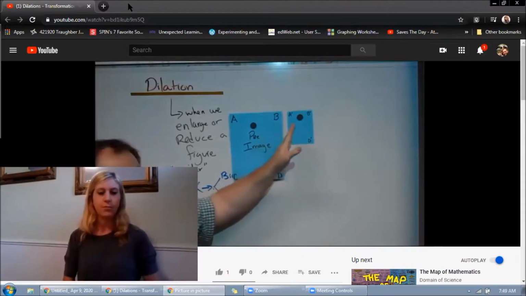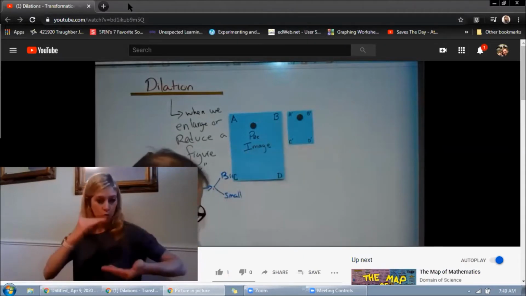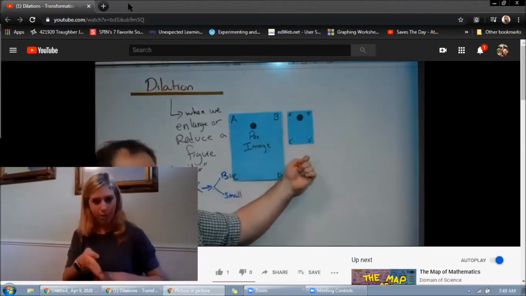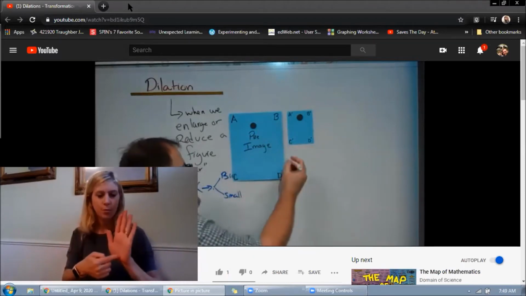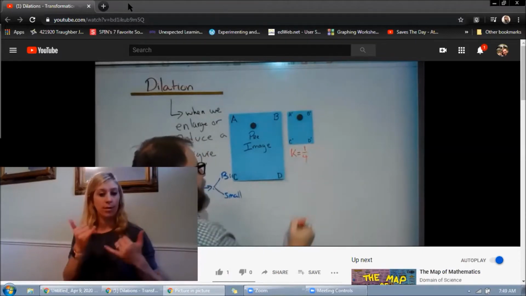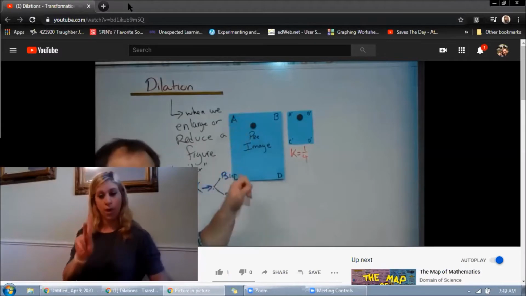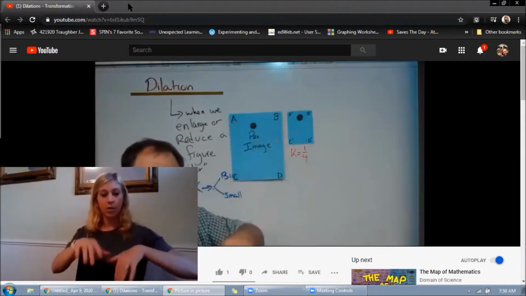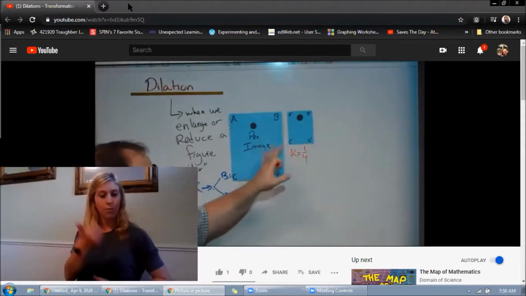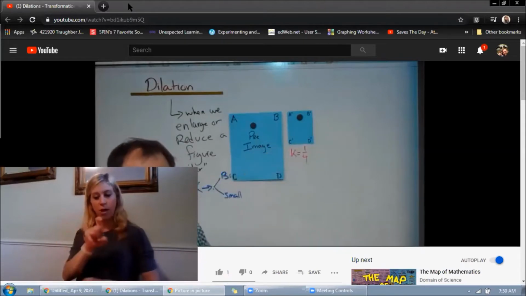What happened was I now have a fourth of it. So in this case, k, the scale factor, was 1/4. Every one of these ordered pairs, each individual x, each individual y, I multiplied by a fourth, and I got a shape that was 1/4 the size.